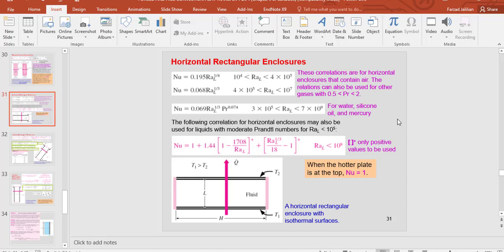the rectangular enclosures. As you can see here, we can find the Nusselt number for an enclosure with this orientation and configuration.